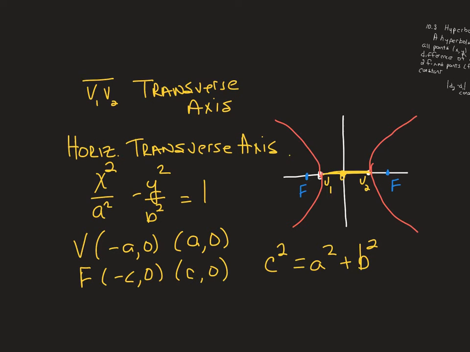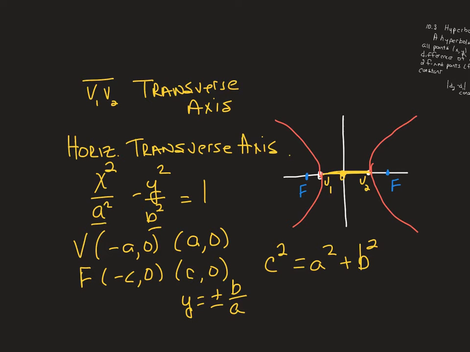And we use b in helping us graph the hyperbola, which has asymptotes. If the center is at the origin, the asymptote for a horizontal transverse axis is y equals plus or minus b over a x. Remember that slope is change in y over change in x, so it's b over a.